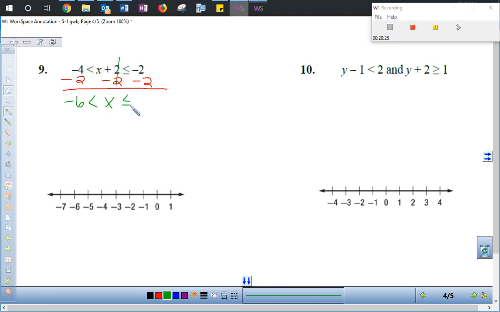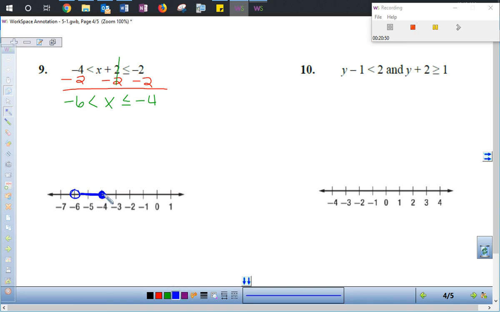Bring down my symbol. And negative 2 minus 2 is negative 4. When it's nice and condensed like this, we bring it straight down. So we start at negative 6 with an open dot. We end at negative 4 with a closed dot. And we fill in between.